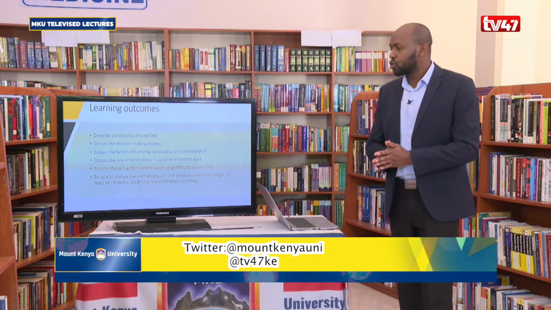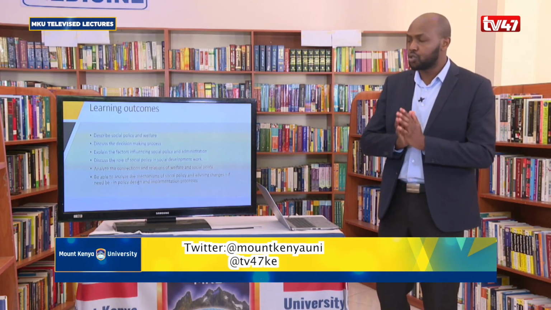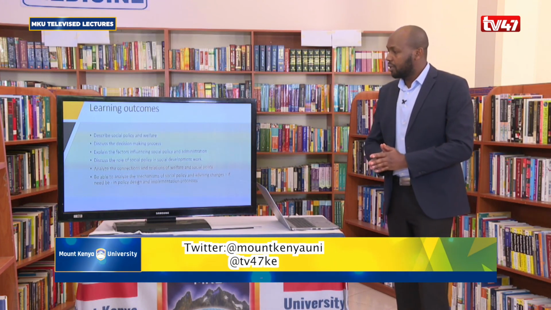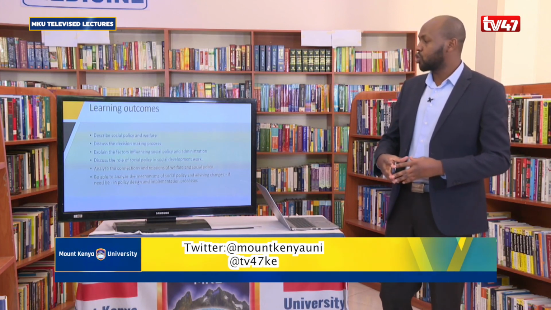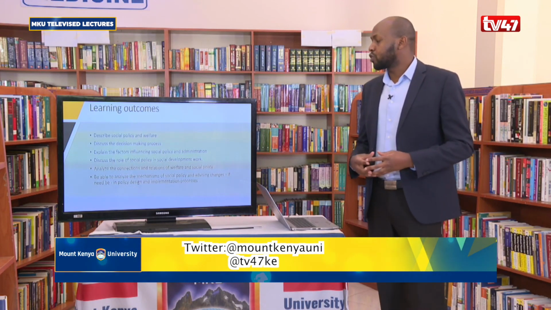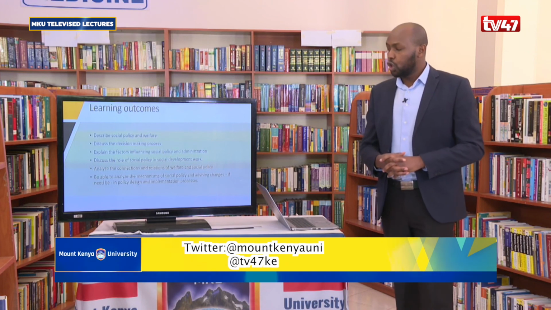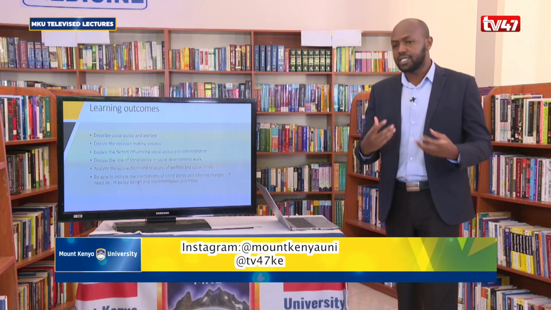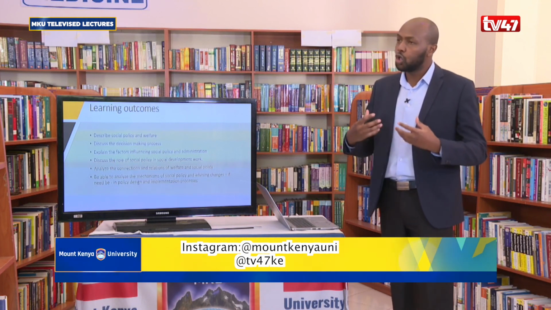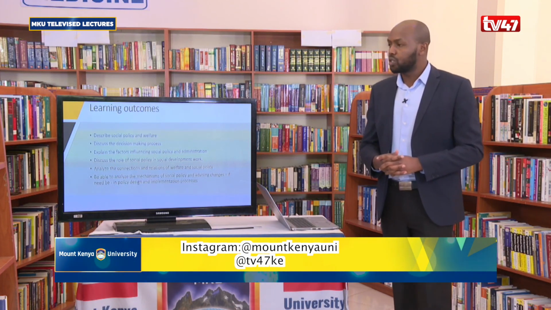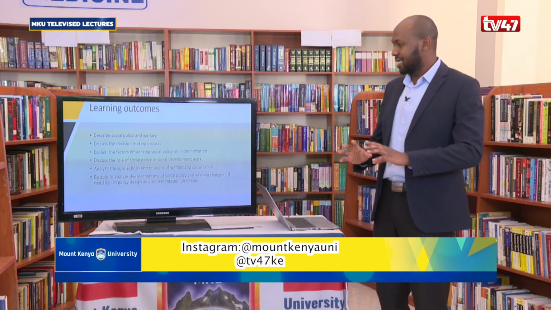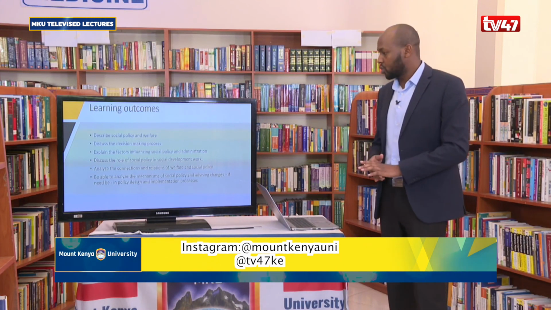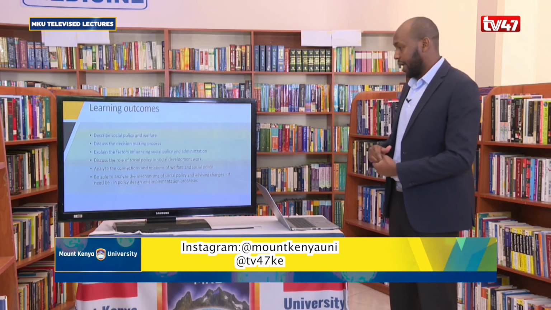Another thing you should be able to demonstrate by the end of this session is to discuss the role of social policy in social development work. Why would you need a social policy? To advance or promote a social need, and what role does the social policy play in that context?